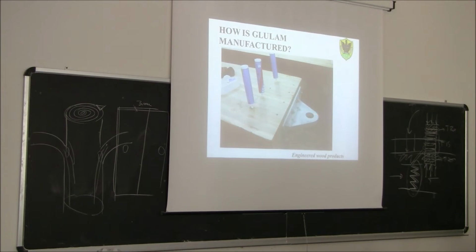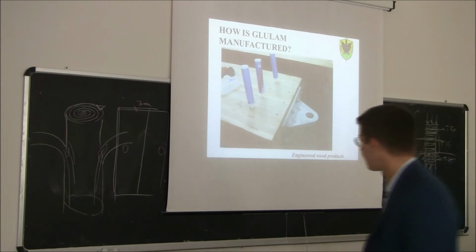You see here, this is a part of probably a three-hinged arch. So this would be the actual hinge made of steel. And this steel plate is connected to the wood using glued-in rods, so using basically glued-in steel bars.